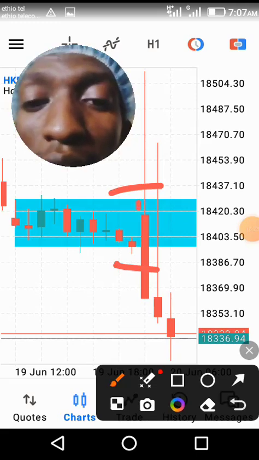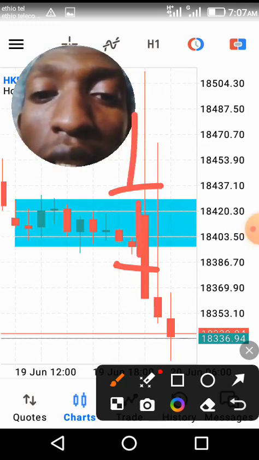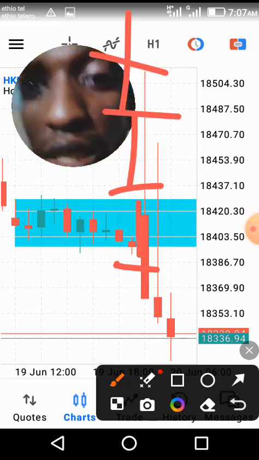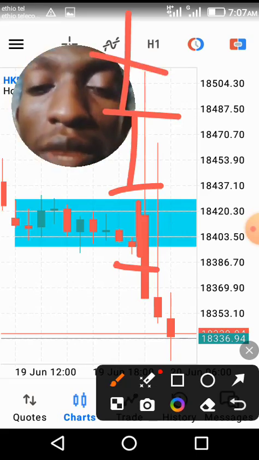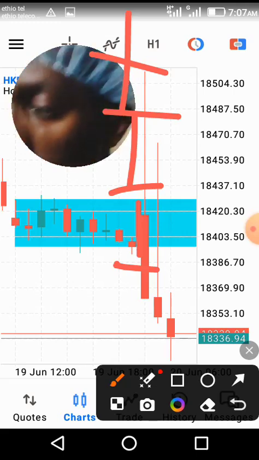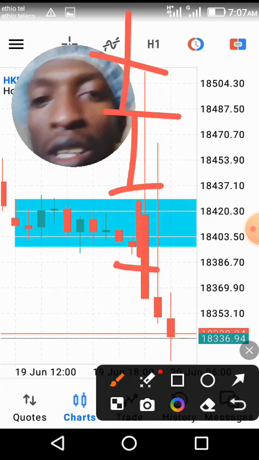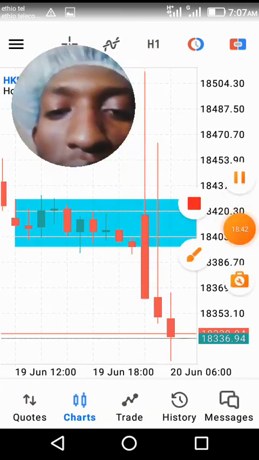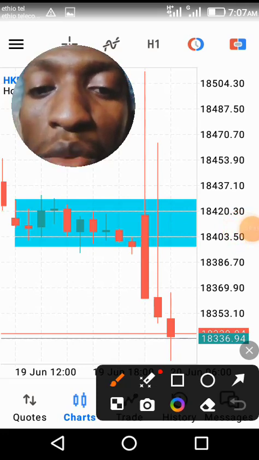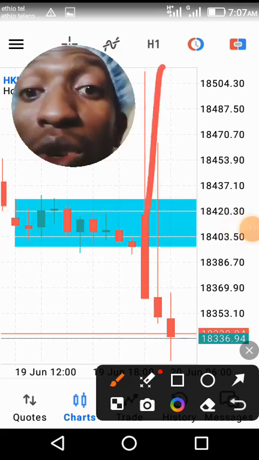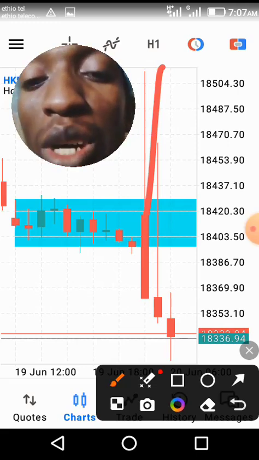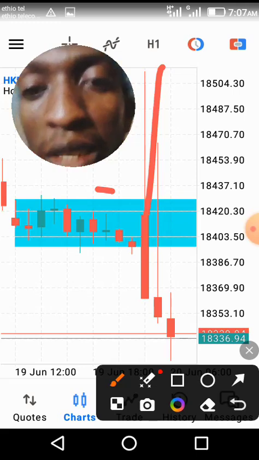As you can see, at least 1 to 1.5 has been targeted and hit. Then what happened here? Then we started breaking down. We pumped. You already know we took partials and you already know we moved our stop loss to break-even.